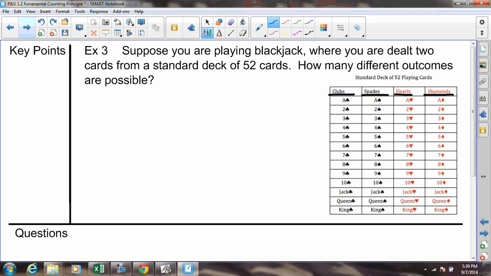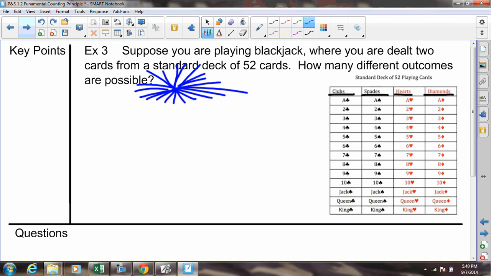Now for this one, we are asked, how many different outcomes are there when you're being dealt 2 cards? In this instance, we're considering every single card to be a different possible outcome. And so if we wanted to, we could create a tree diagram here. We could say, for card number 1, I have 52 branches. And you can already see, go ahead, start doing this with 52 branches and see how fun that's going to get.